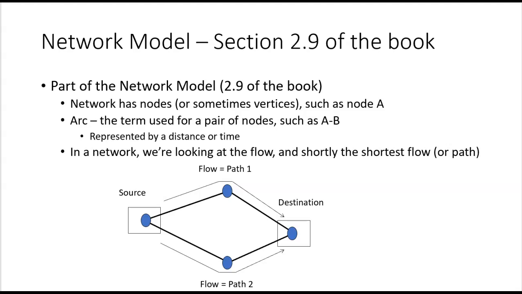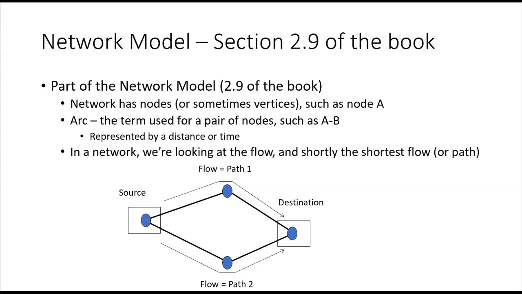Or if we called the destination C, the arc could be defined as AB or could be defined as ABC, depending on what our goals are. And that arc is going to represent distance or time. That's going to become very important. That's what we're measuring and trying to maximize or minimize in this approach.